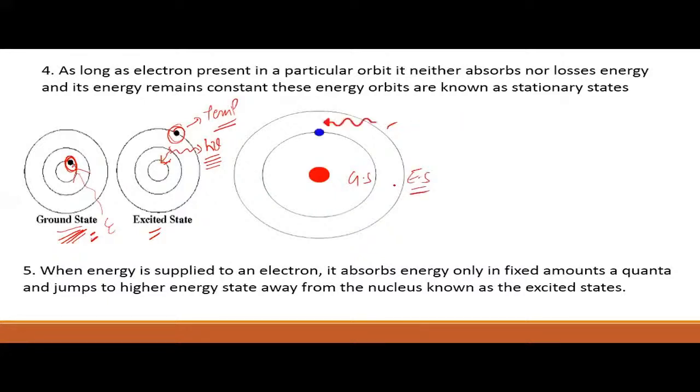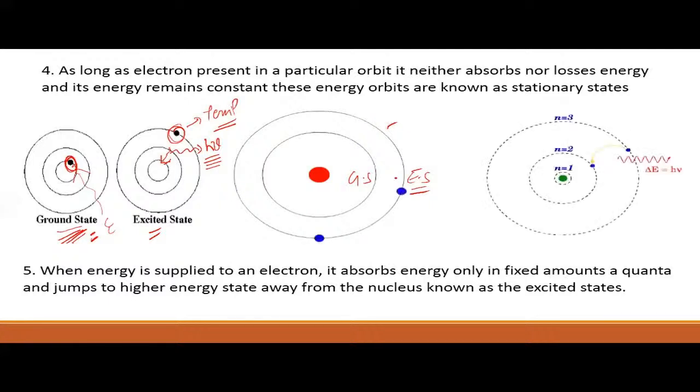It absorbs energy and reaches the excited state, and it loses the energy and comes to the ground state again. Whenever an electron loses energy from its excited state and reaches its ground state, it releases energy in the form of radiation. This radiation is known as electromagnetic radiation.